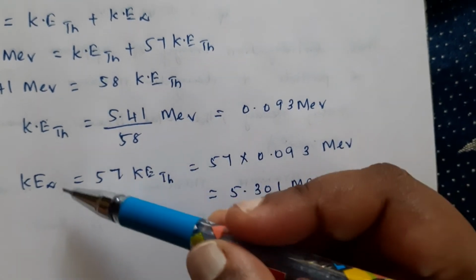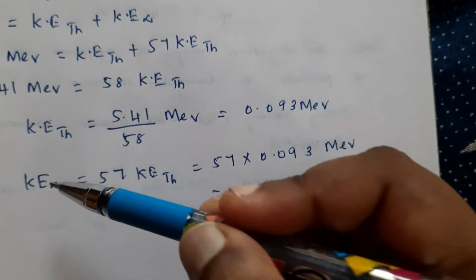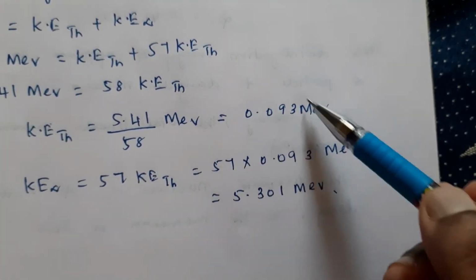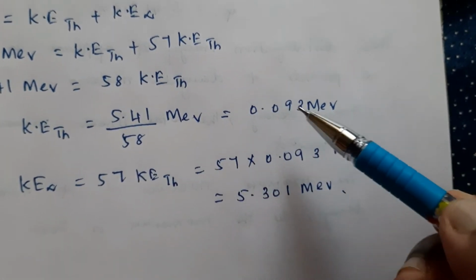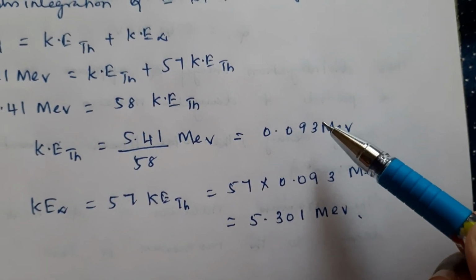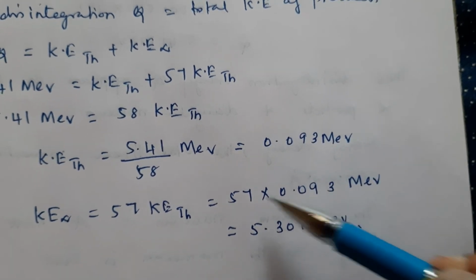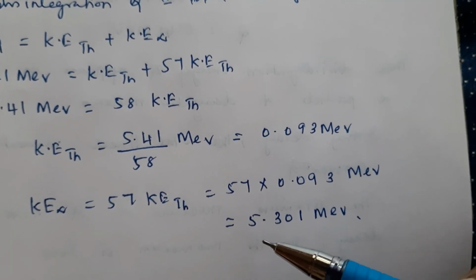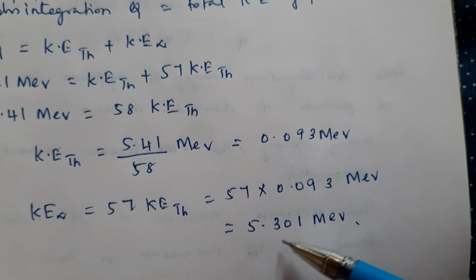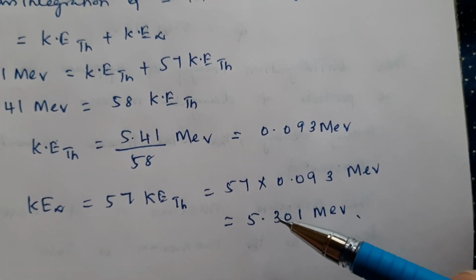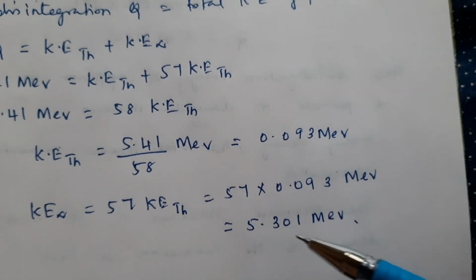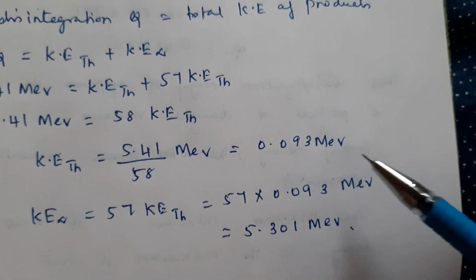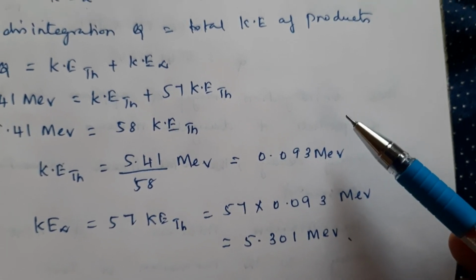Here you can see the kinetic energy of the alpha particle is very much greater than the kinetic energy of thorium. So most of the disintegration energy is taken by the alpha particle, that is, 98% of the total kinetic energy is taken by the alpha particle rather than the thorium nucleus.